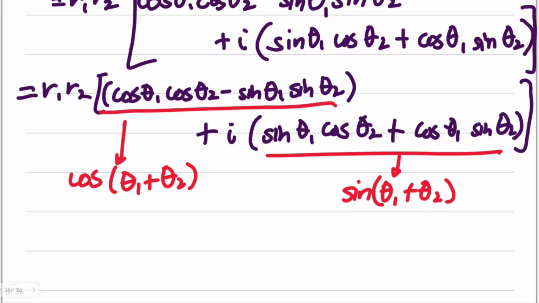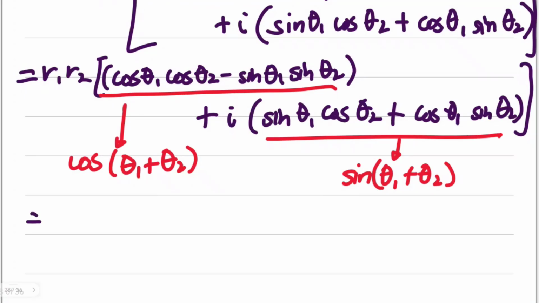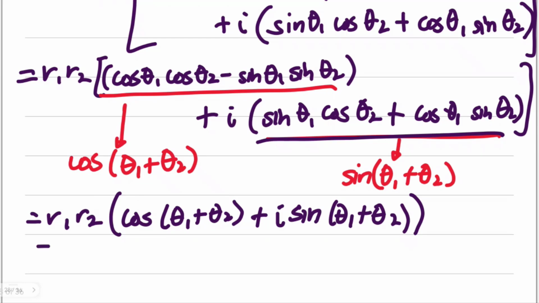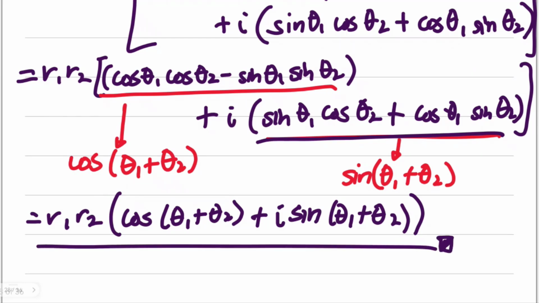So this is equivalent to r sub 1, r sub 2 times the form cosine of theta sub 1 plus theta sub 2, plus i times sine of theta sub 1 plus theta sub 2. So this is actually what we were trying to show earlier.